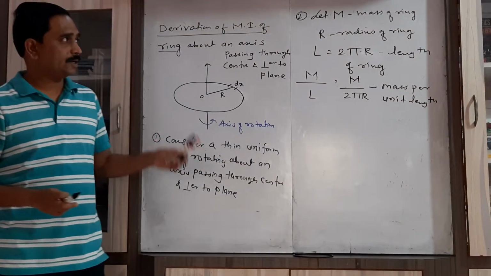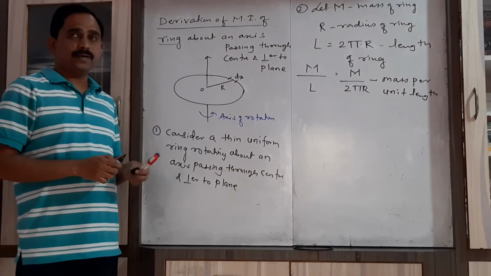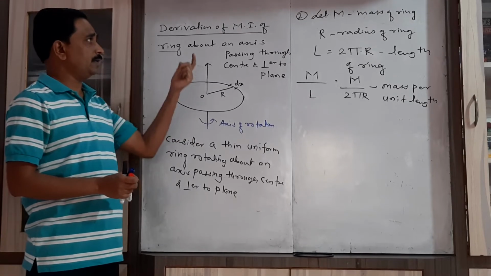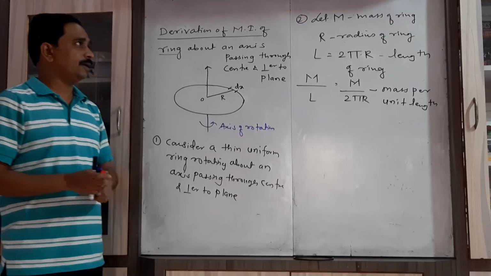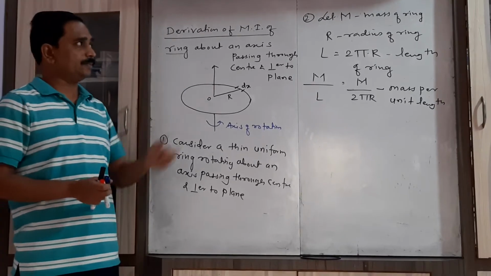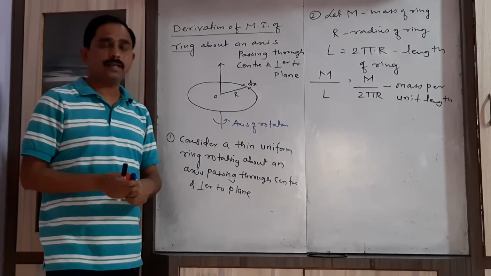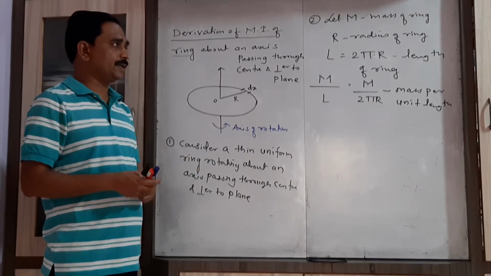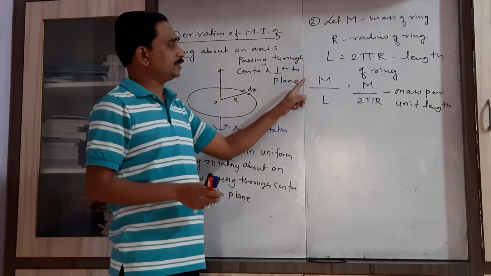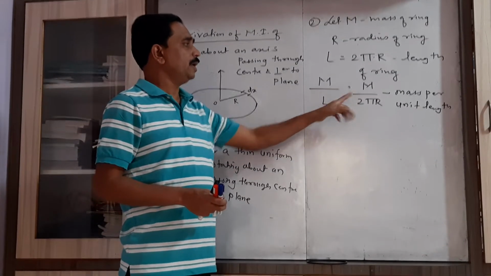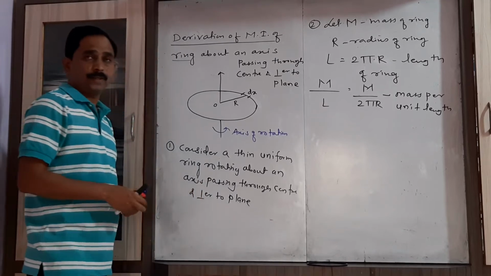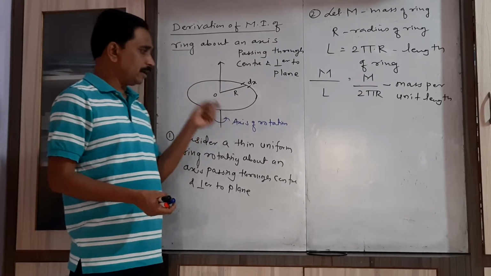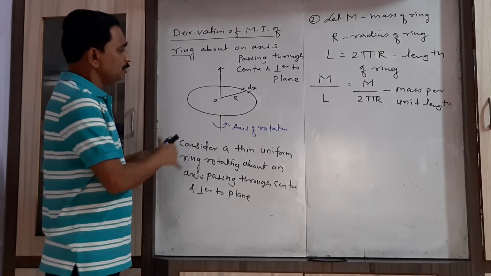We are discussing the various parameters which are important in the derivation of the formula of moment of inertia of a ring. We consider the mass of the ring, the radius of the ring, and the total length of the ring, which is equal to the circumference. We also consider mass per unit length, which is equal to M upon 2 pi r. Now you have to assume that this ring consists of small parts.